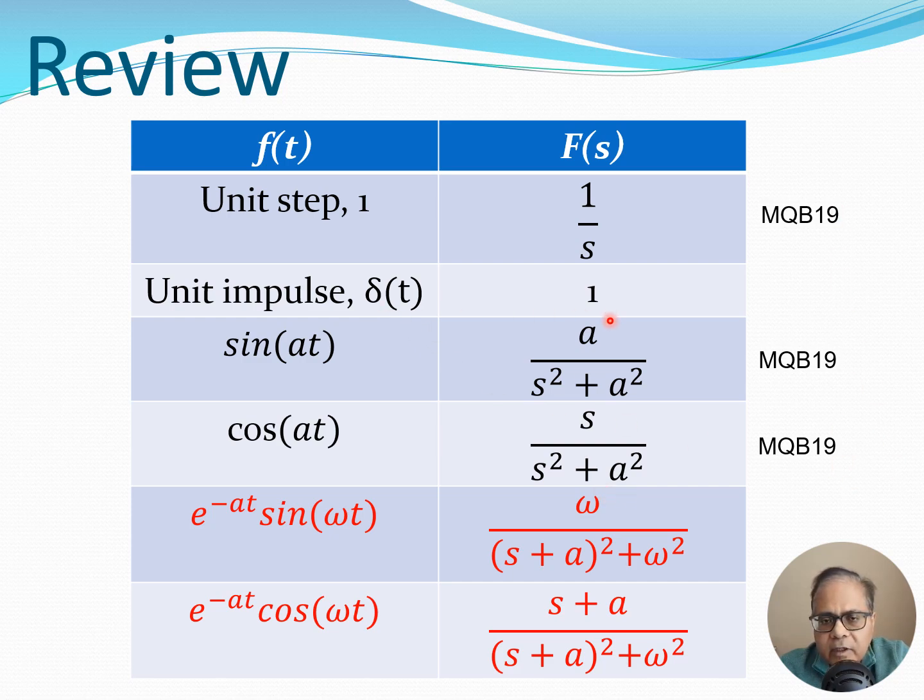For a unit impulse, the Laplace transform is 1. And for e to the power minus at sine omega t, it's going to be omega divided by (s plus a) square plus omega square, and a similar term is there for e to the power minus at cos omega t.